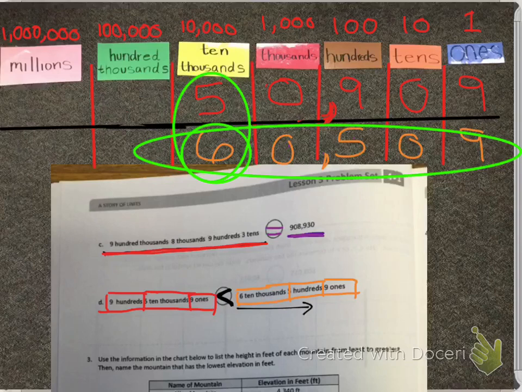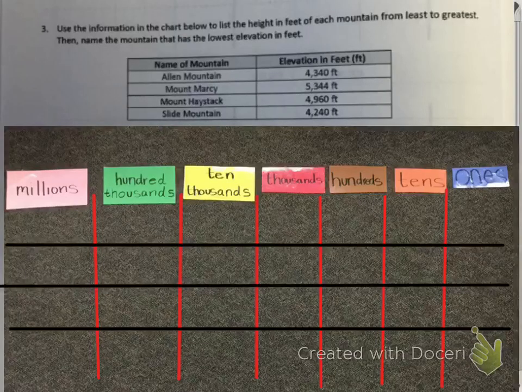Perfect. Excellent. Good job here. Okay, for your last problem, let's talk about it and discuss it. Now, for our next problem, number 3, we have different measurements here. So let's read our problem.